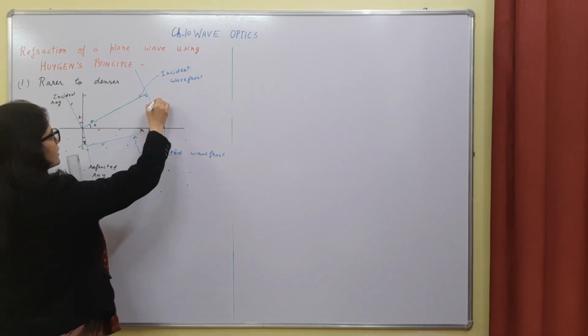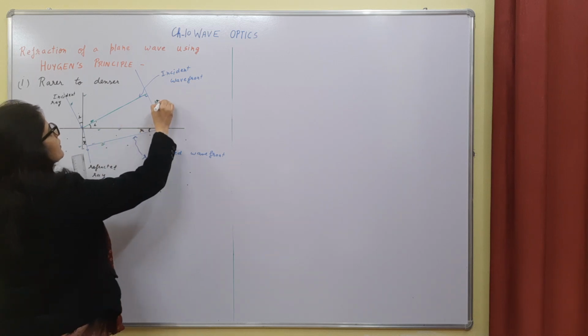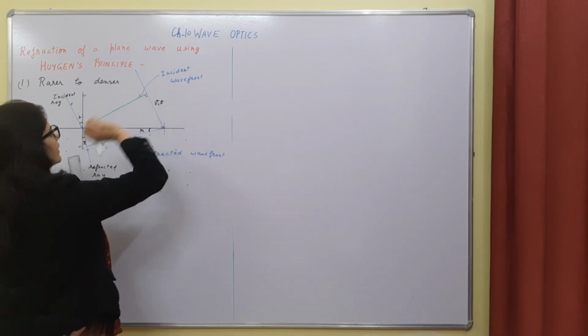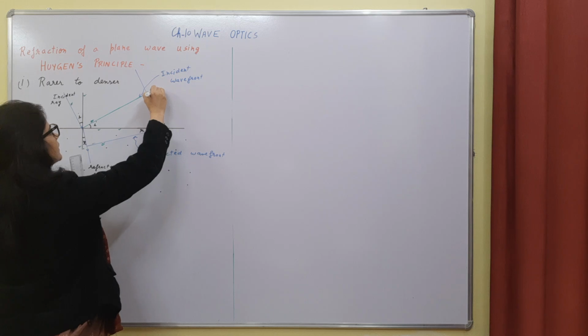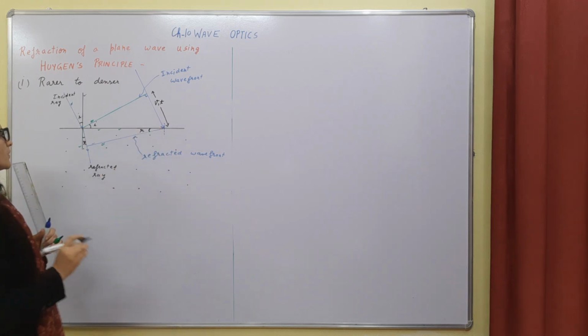If v1 is the speed of light in this medium, then v1 into t is the distance traveled from this to this point.